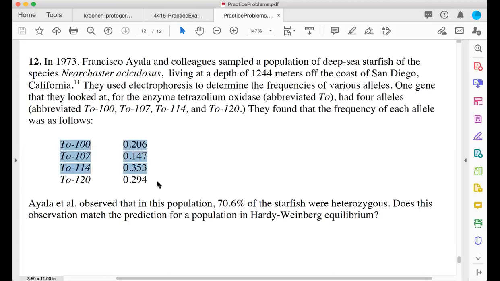They found that the frequency of each allele was as follows, those numbers right there. And they observed that 70.6% of the population was heterozygous. The question is, does this match what we'd predict for a population in Hardy-Weinberg? This is not nearly as hard as it looks, and how you would solve it goes like this.